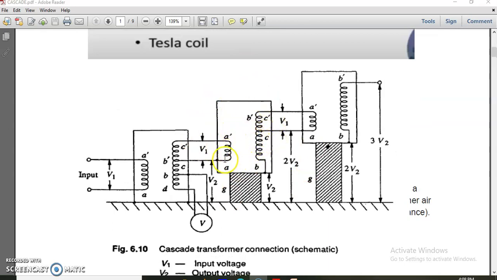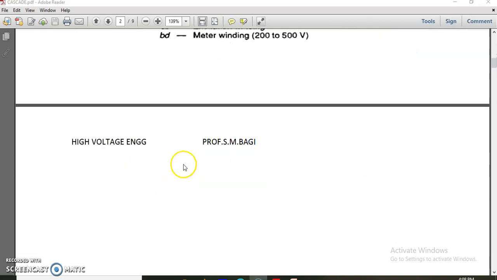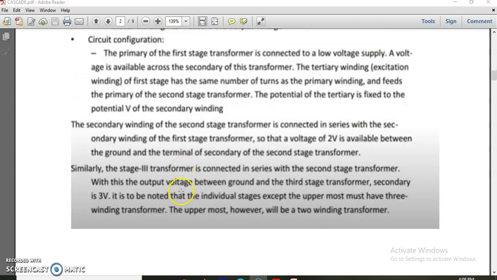The primary of the second transformer is connected to the secondary winding of the first transformer, and vice versa. Same thing we can go for tertiary also.